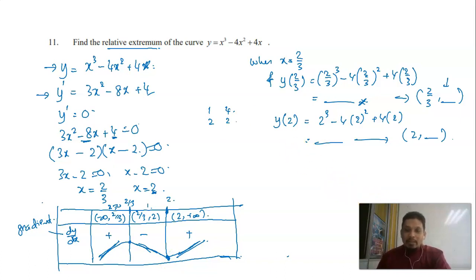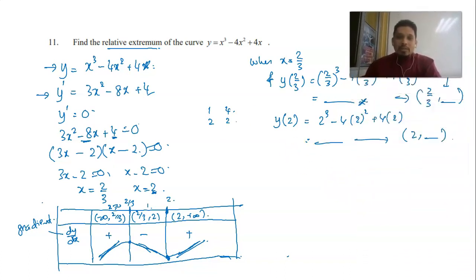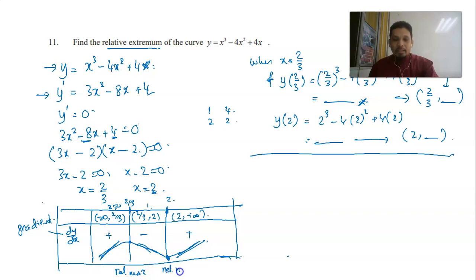Okay, now class, if I continue this discussion here, this is using the first derivative test. So at this point here is a relative maximum, and here is a relative minimum.